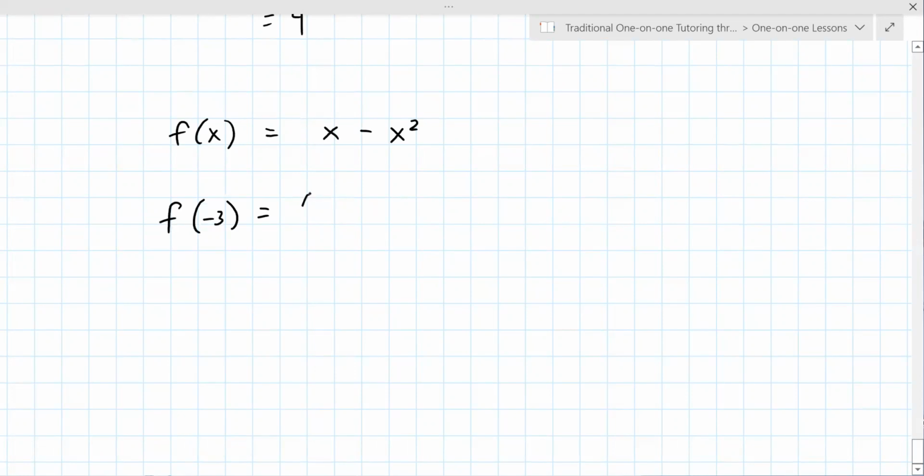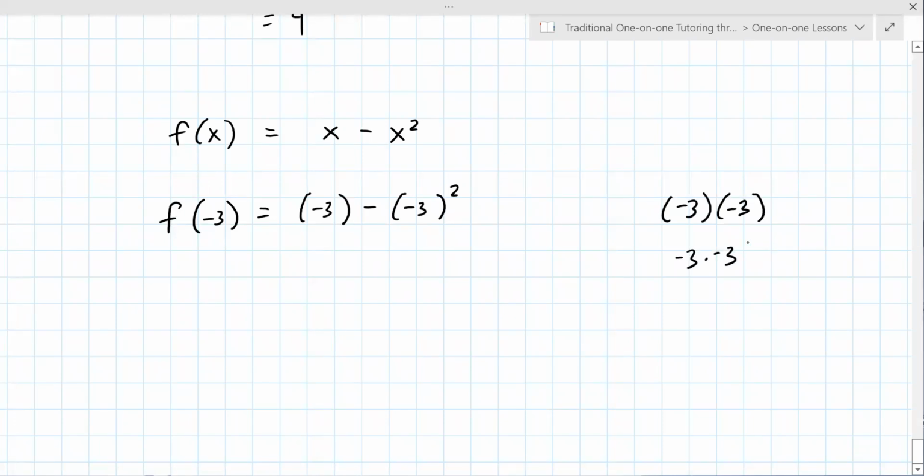All right, so again, I really recommend you put it in parentheses just for the x. And what do you do first? What is the first? The exponent. The exponent. So if you need to come off to the right and write -3 times -3, it doesn't matter.